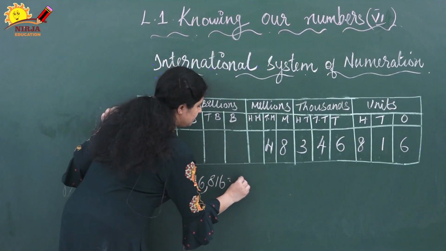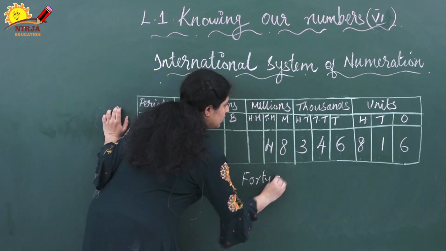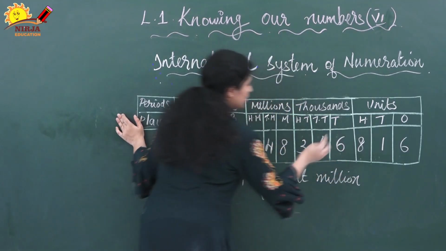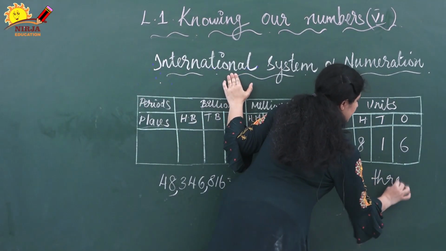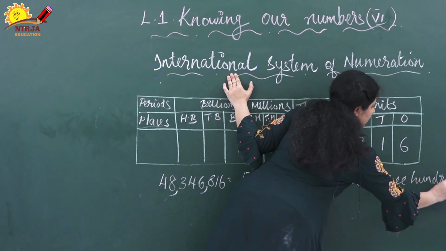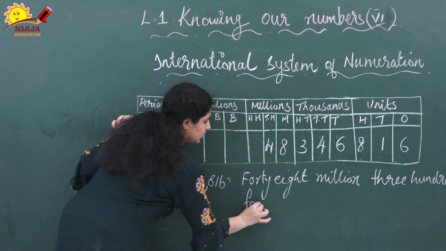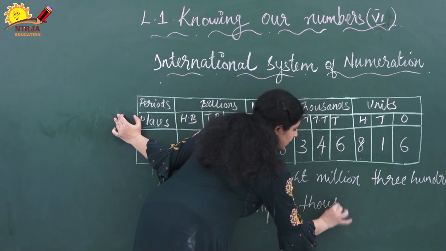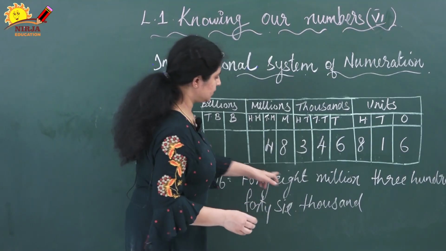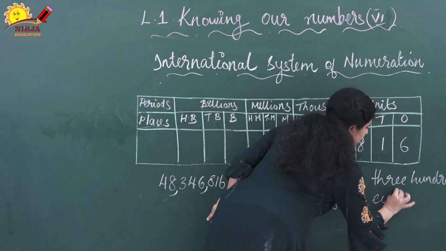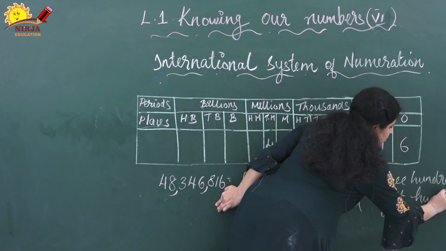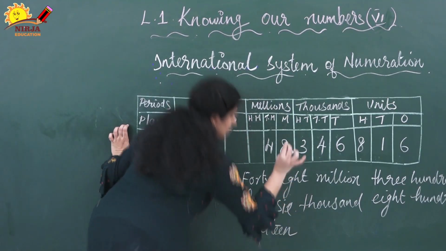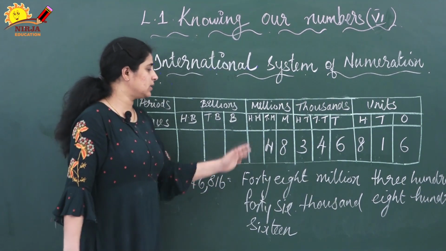I will write it here. 48,346,816. Like this you can write this number.